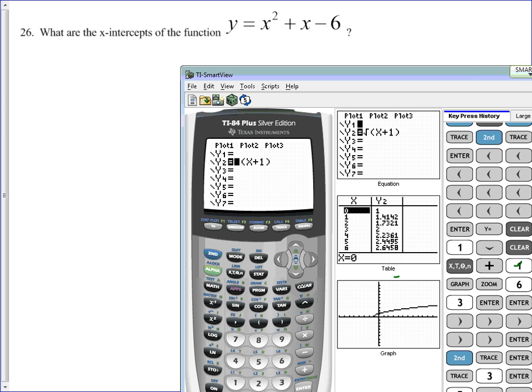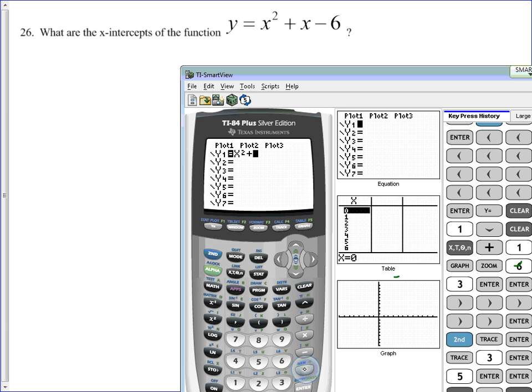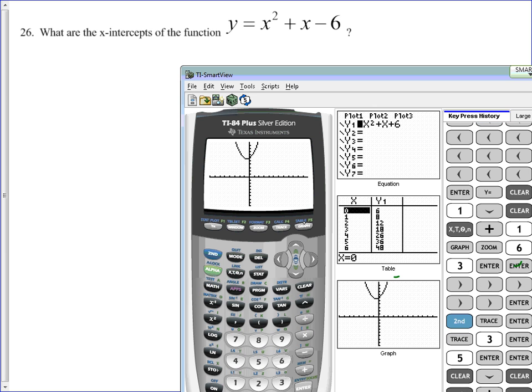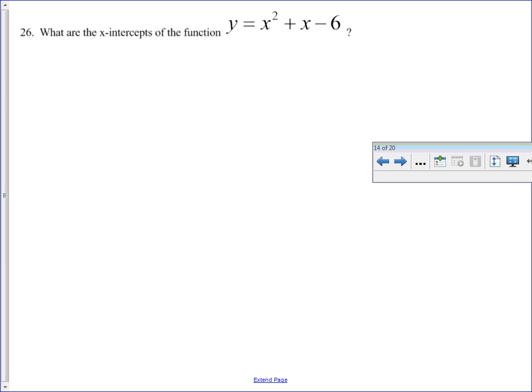Let's just clear out my graphs here. X squared plus x plus 6. And we see the y-intercept is at 1, 2, 3, 4, 5, 6. This is an easy one, though, because, oops, I typed that into the calculator wrong. Sorry. Let's try that again.